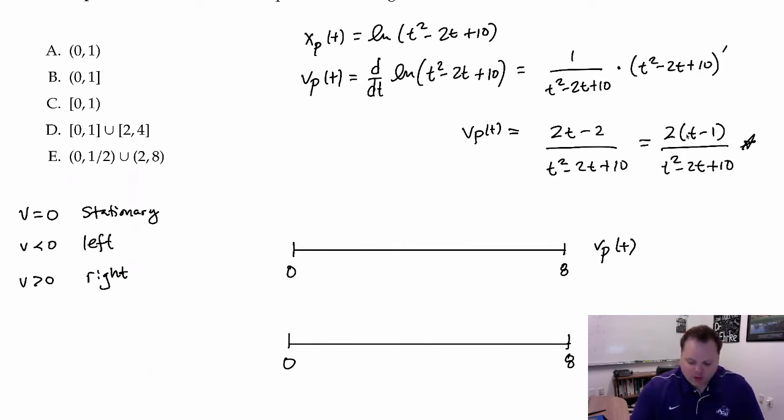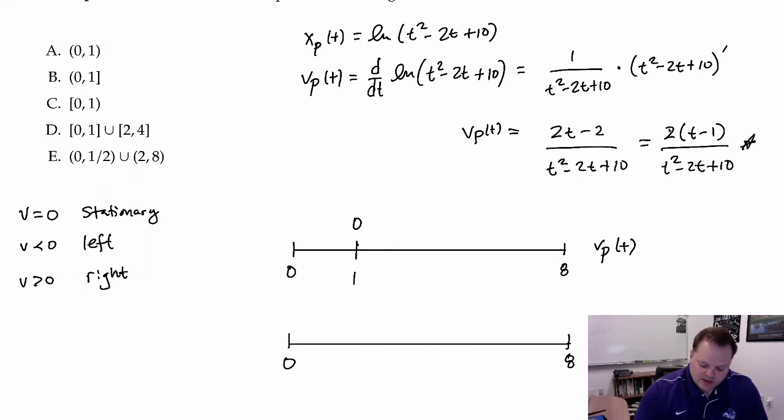So let's start with knowing where the particle is stationary. For P, the particle is stationary when t is equal to 1. You can see that that makes the numerator 0. So if I come in and put down 1, then I know at 1 the velocity is 0. So I'm going to write the velocity values up above.